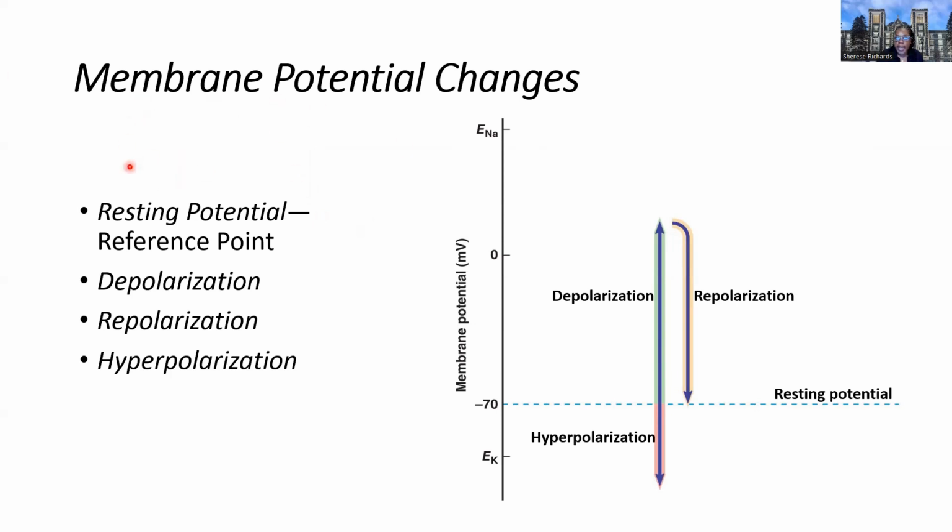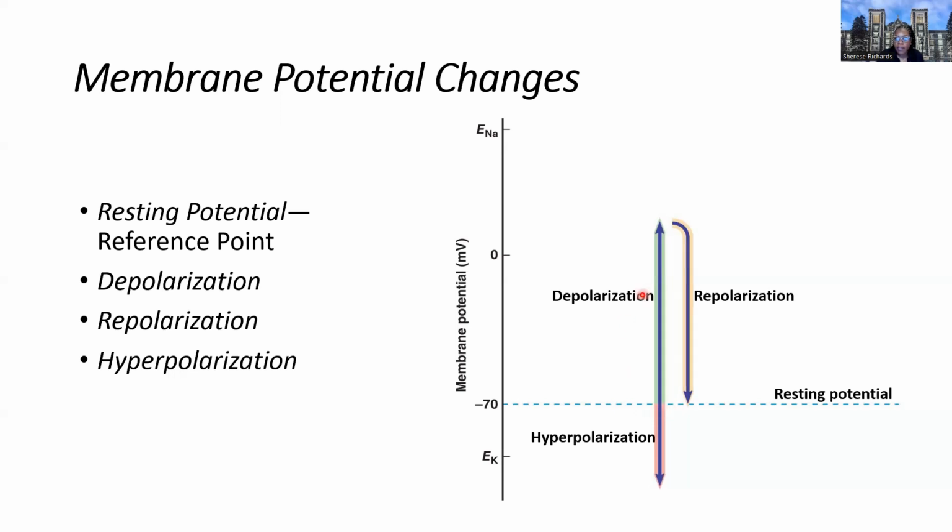So just to recap what we mentioned earlier here, here's our membrane potential versus our resting potential at -70. Here is our depolarization. Remember, we said that a depolarization is a positive membrane potential change from -70, which is the resting membrane potential value.